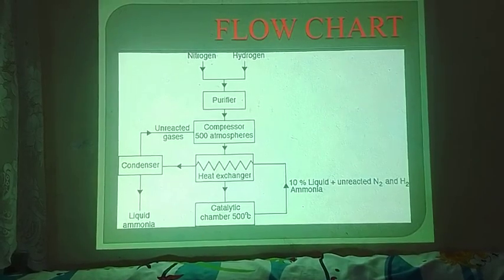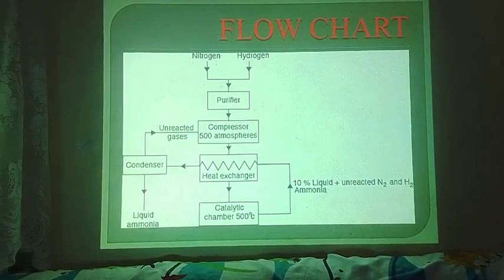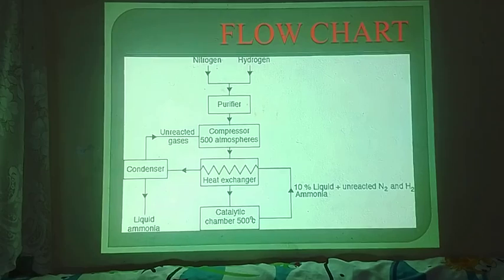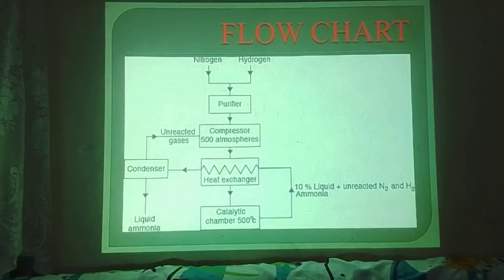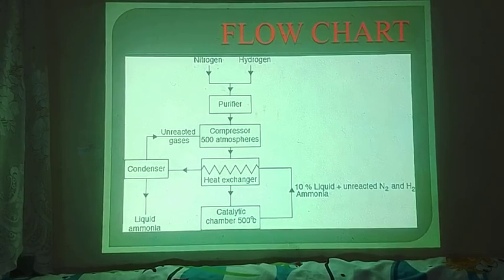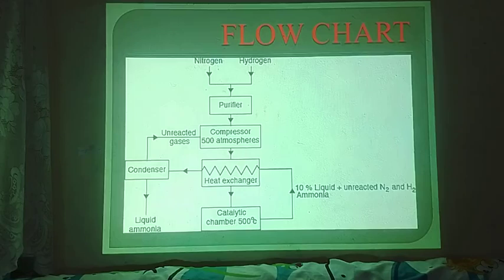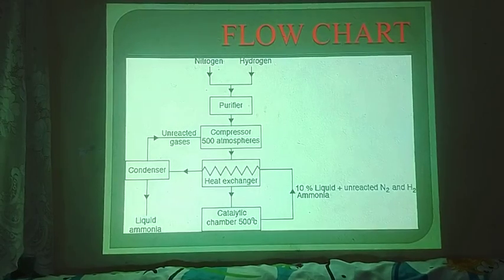We have, of course, nitrogen and hydrogen. The 2 are being taken to a purifier, then to a compressor. From the compressor, then they are taken to heat exchanger. Then from the heat exchanger to catalytic chamber of about 500 degrees Celsius. Then from catalytic chamber, it is again taken back to heat exchanger.